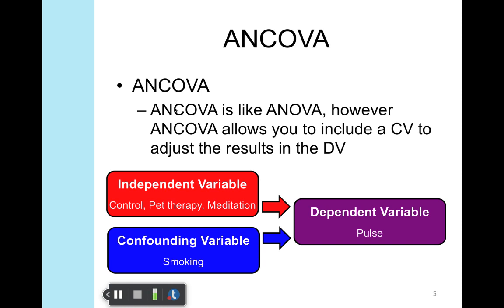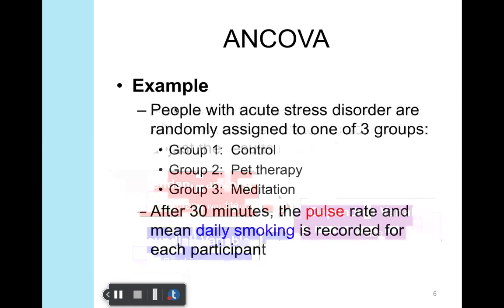You may have noticed that there's a particular variable that could have influenced your dependent variable as well. So in this particular study, here is our group, people with acute stress disorder. They're randomly assigned to one of 3 groups.